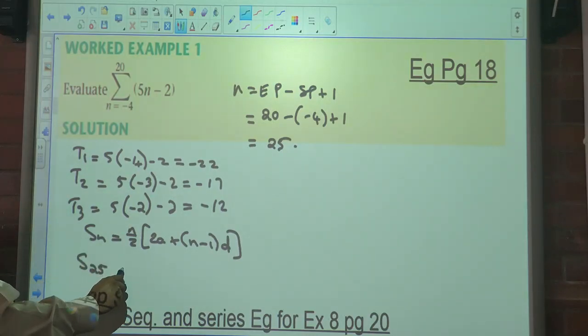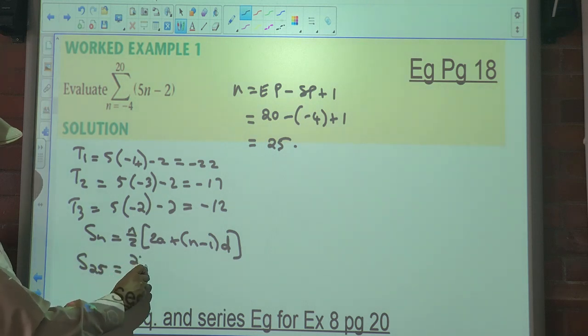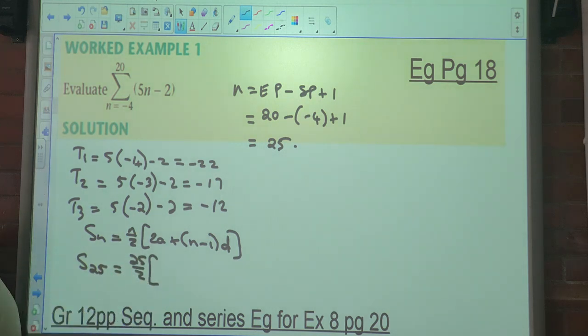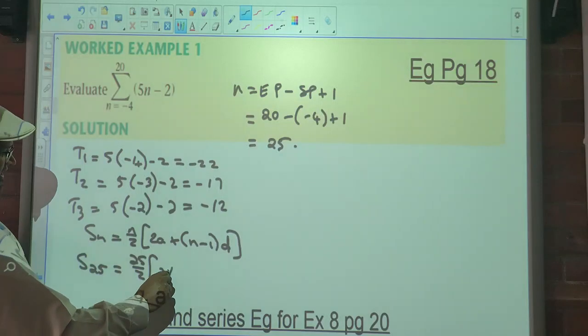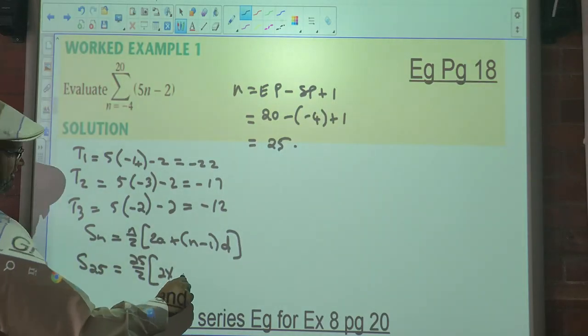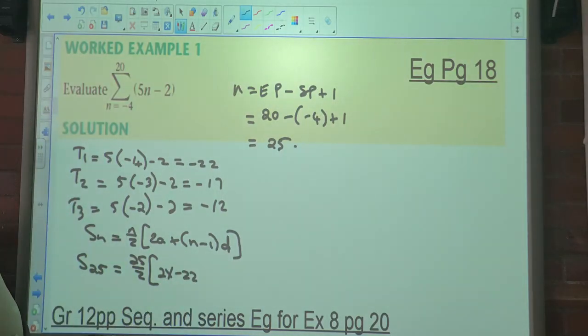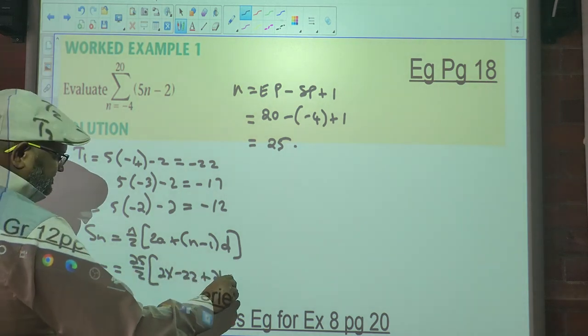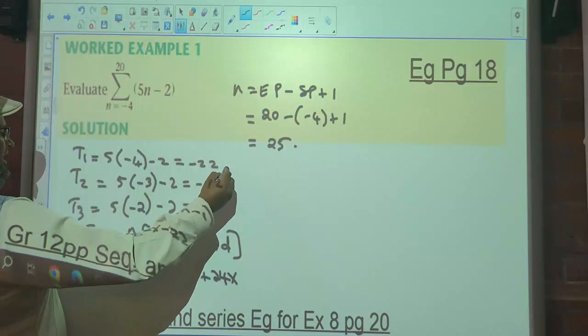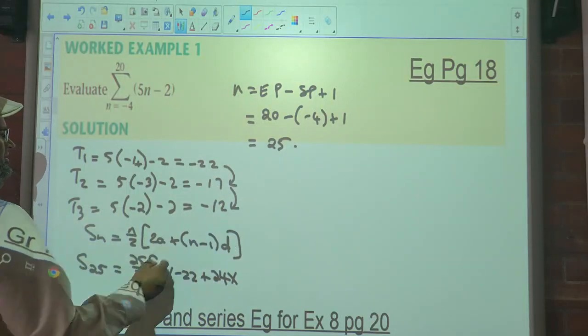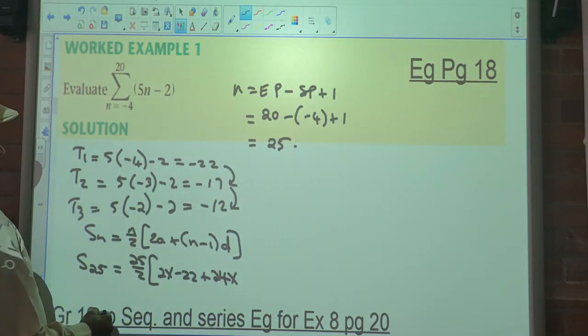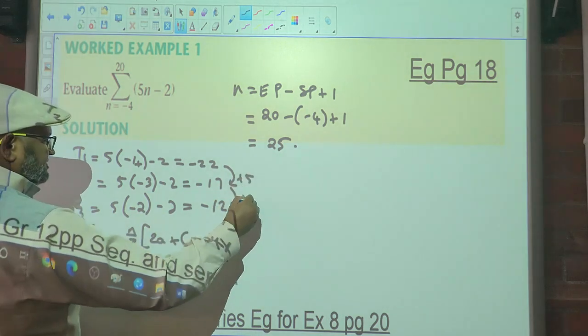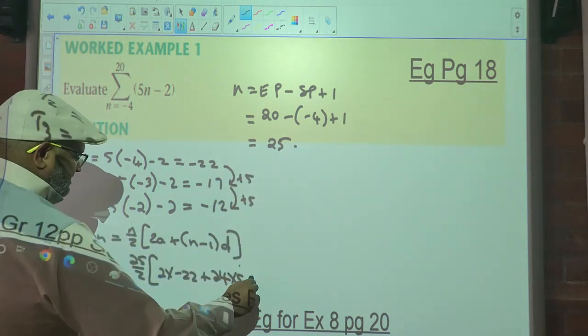So it's S25 is equal to 25 over 2 into 2 times negative 22 plus 25 minus 1, which is 24, times d. How do I move from one term to the next? You're adding 5. So this times 5.